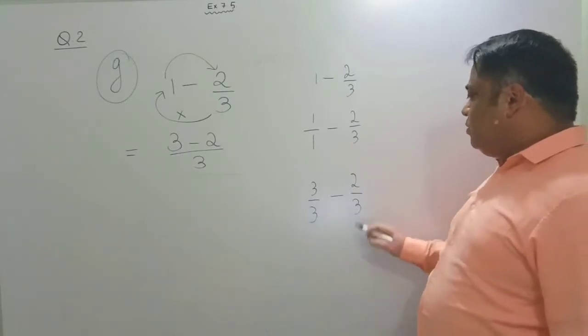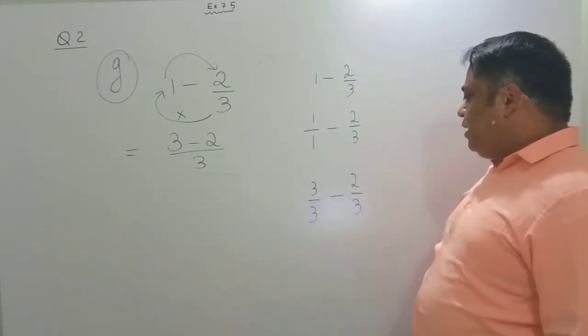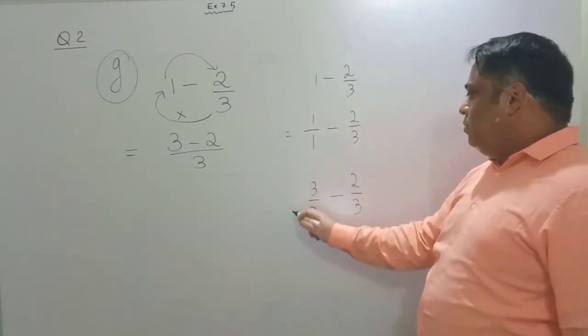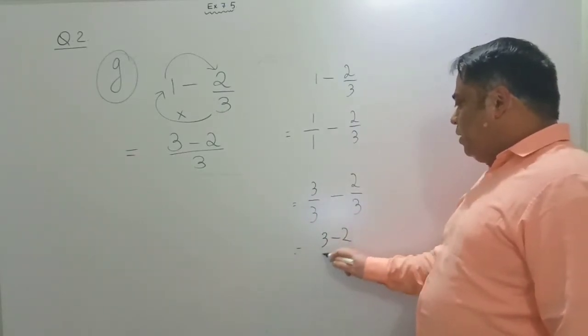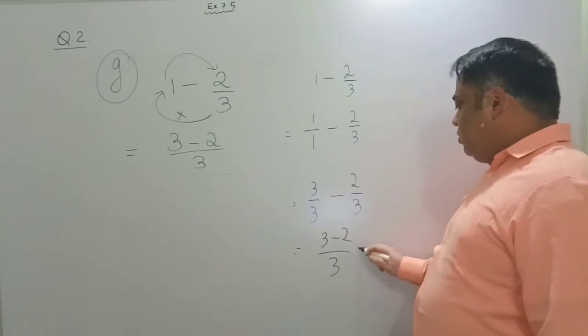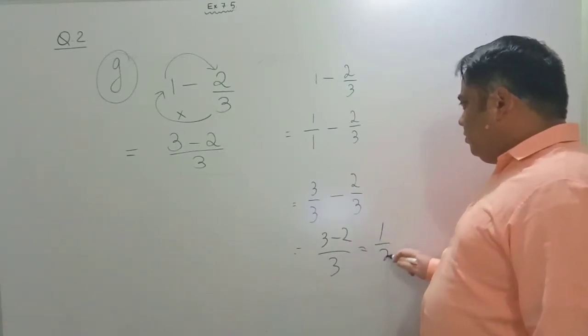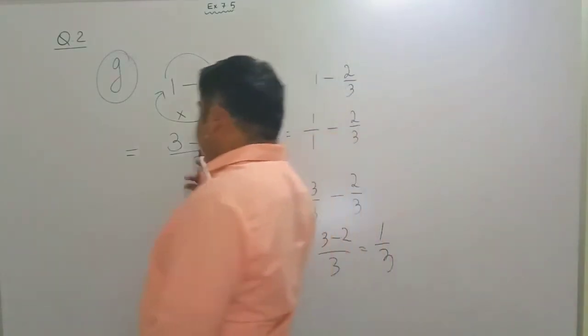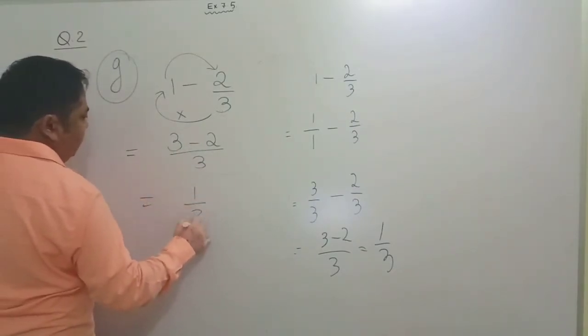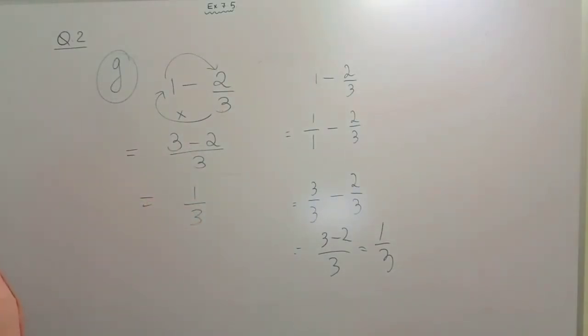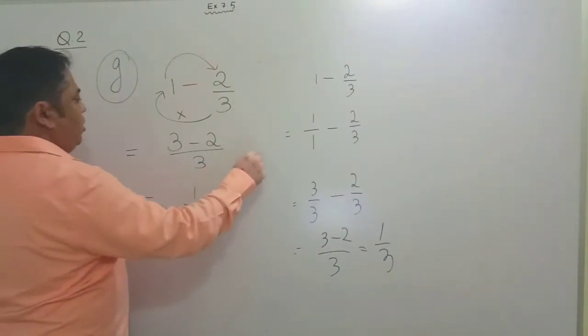So the denominator has become the same, so it can be simply subtracted. So it becomes 3 minus 2 by 3 equal to 1 by 3. It is just like this, but I did it in a shortcut manner, 1 by 3. So both ways are clear. So in both the ways you can do.